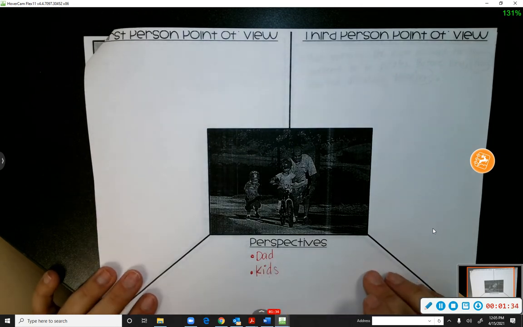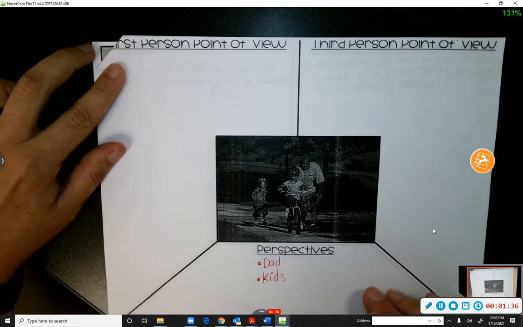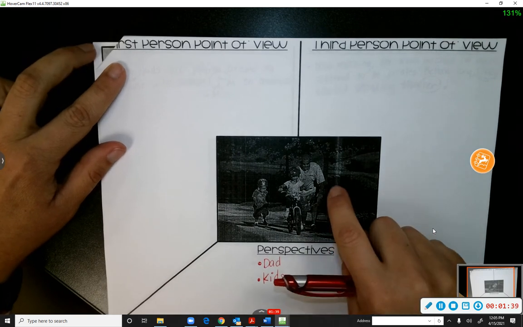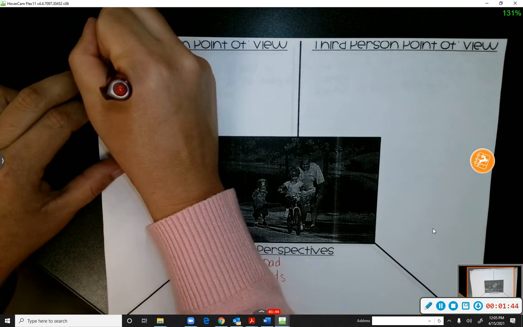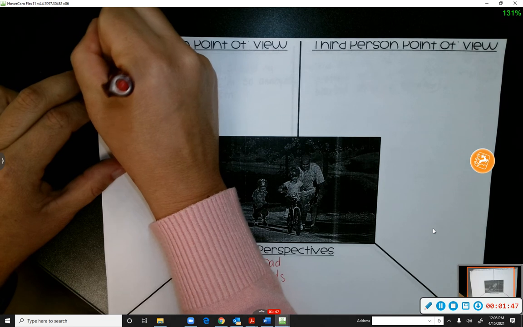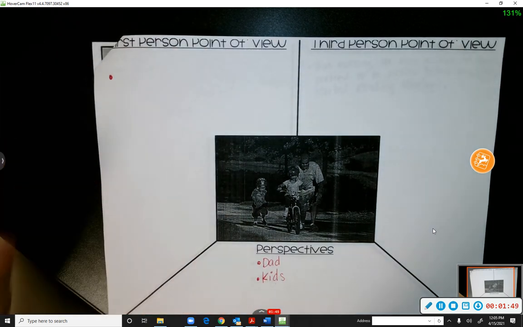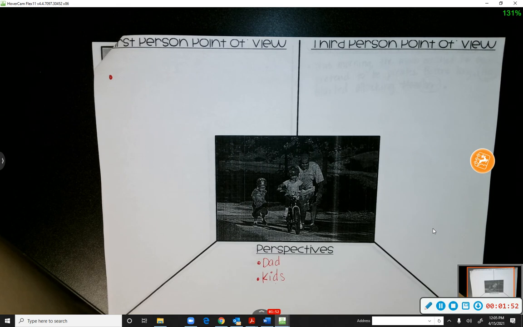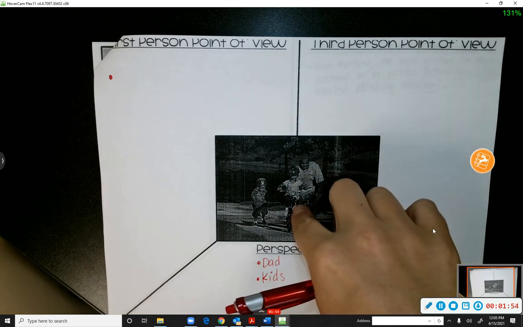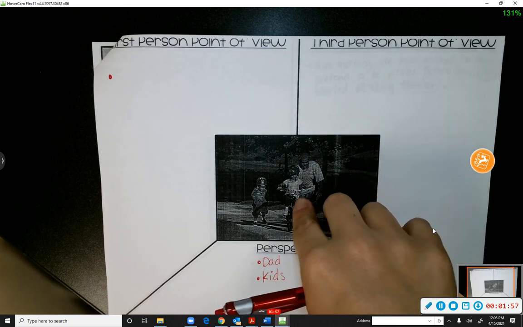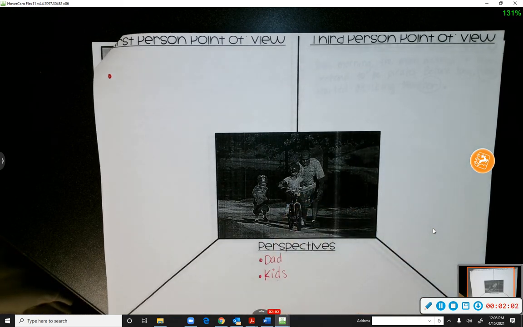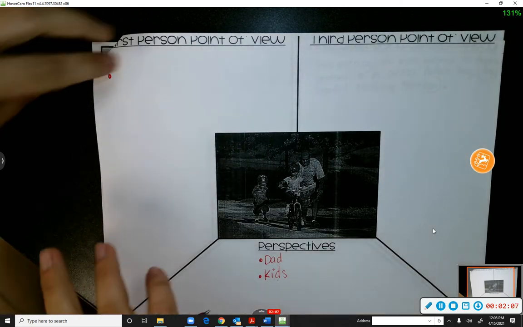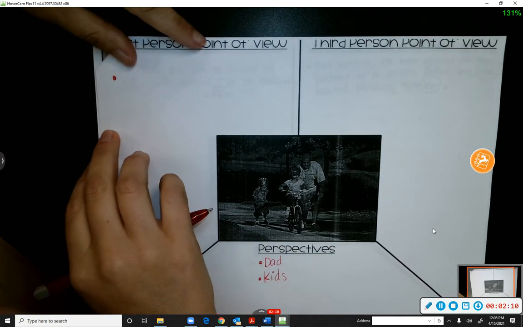So for first person, I can be talking like I am one of these kids, or I can talk like I am the dad. So which one do we want to do? Kids. Okay, kids. So for first person, I'm telling the story like I'm in it. So if I'm talking about the story and I am the kid that's doing the speaking, what is something that I could write? Kelsey? The girl, I can do this.